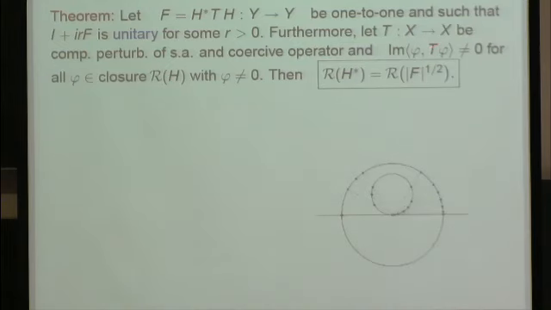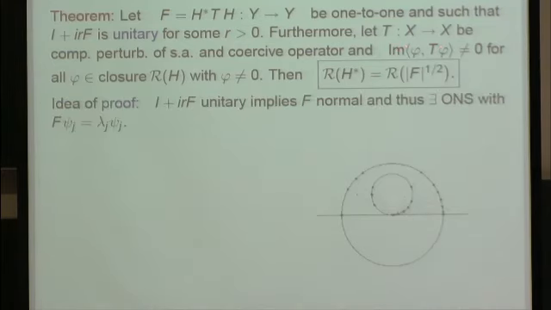So how is that proven? First of all, the assumption that T is a compact perturbation of a coercive operator plus this condition implies this general coercivity condition. That's also a simple functional analytic argument.